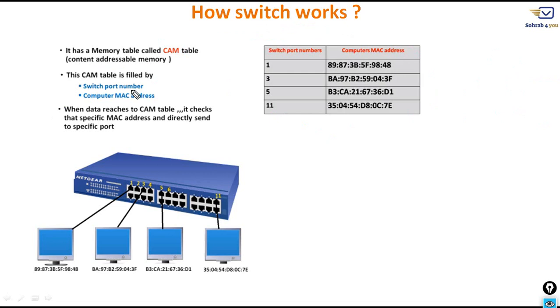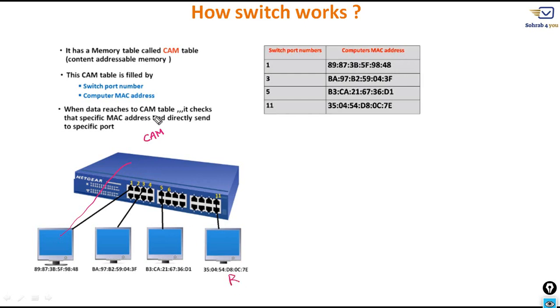Now you can see that when this switch wants to send the data, the data is coming here. Then the switch is going to check the CAM table. Suppose this is the receiver.